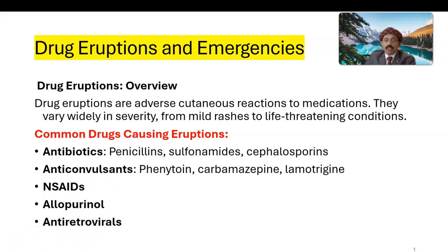These are the common drugs. Penicillin includes all the medications which are in the penicillin group.